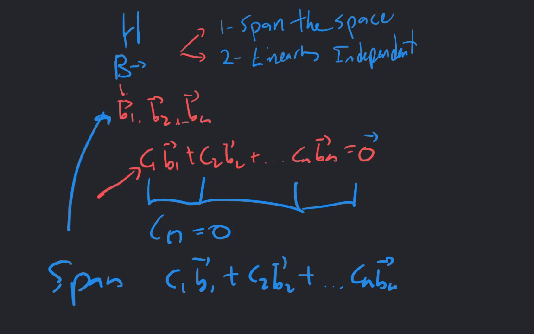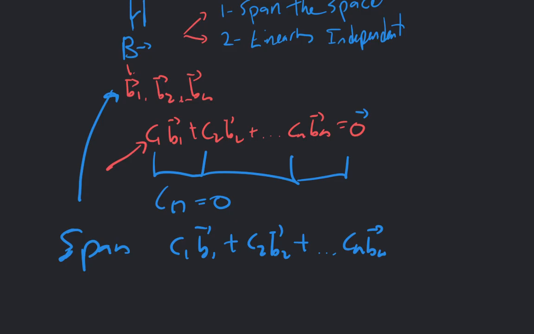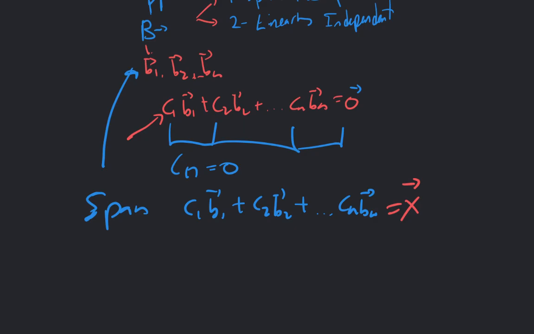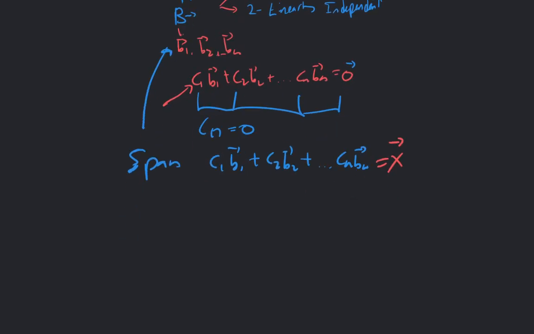But that doesn't necessarily mean that it's 0. Oh, not 0, my bad. This could be equal to some other vector, let's call it x. That is basically what the basis is. The basis is the building blocks to your vector space.